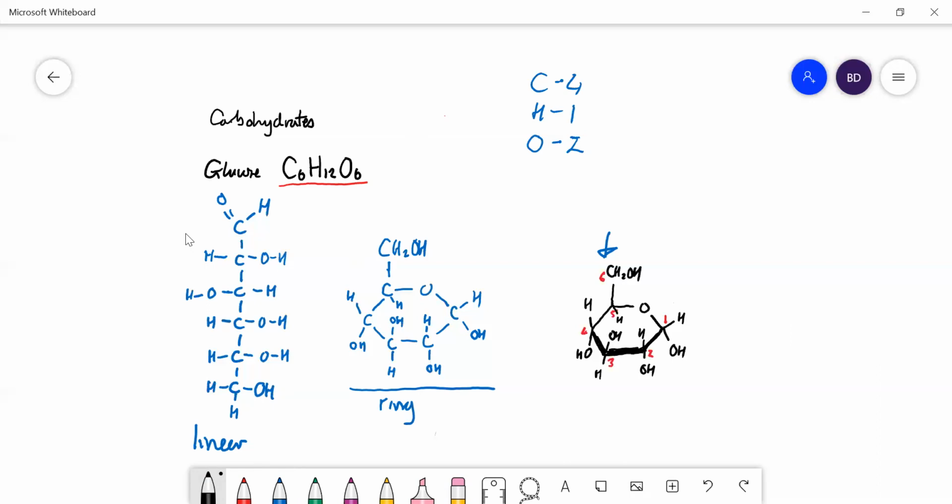And then you've got these other things like the OHs and the H's sticking up and down from the plane of the ring. So if you looked at it sideways on, you would have some OHs coming down, some OHs going up, and this CH2OH. This is looking at it end on, a sort of flattish molecule with things sticking up and sticking down. And that's what this black diagram is trying to show.